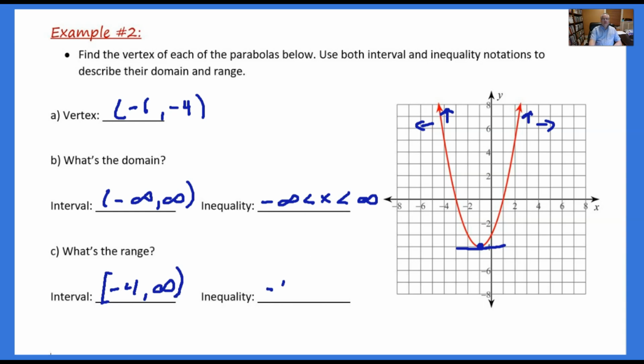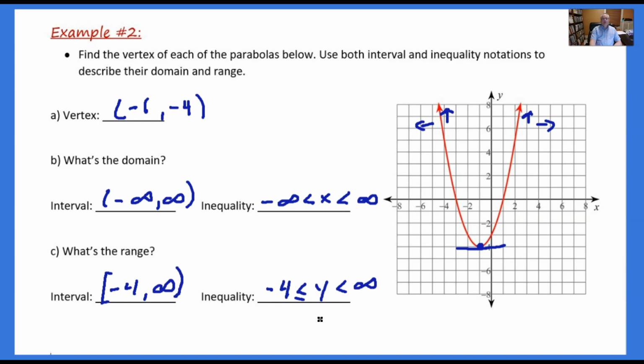Now, if I'm going to write the inequality, I could kind of start with what I did before. But there are two things here. One, we should realize this is a square bracket. That means that, well, first of all, I should be using y. So let me fix that. So we're talking about y values. But since this is a square bracket, it should be greater than or equal to -4.